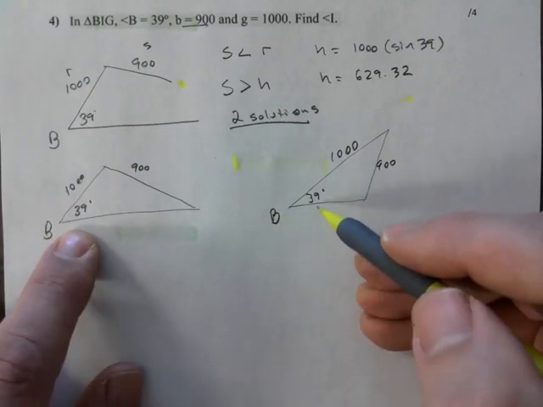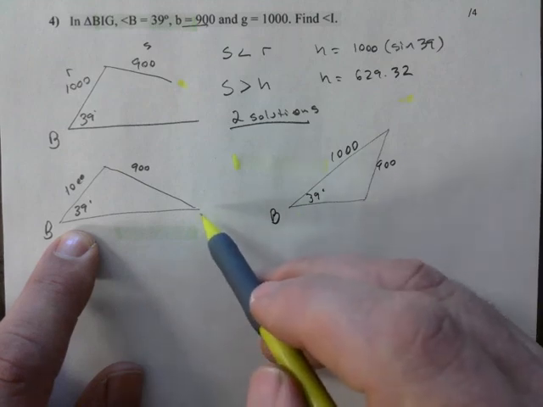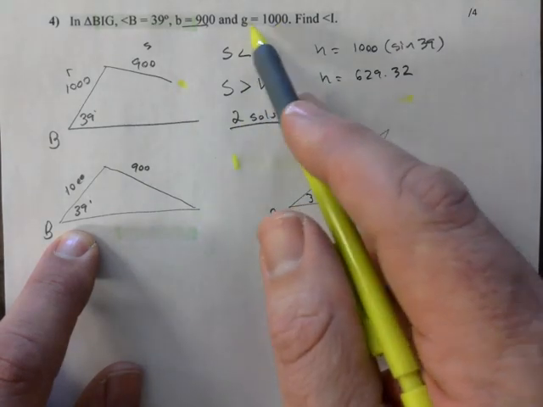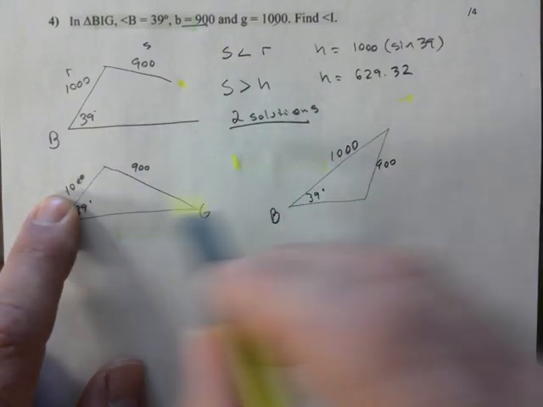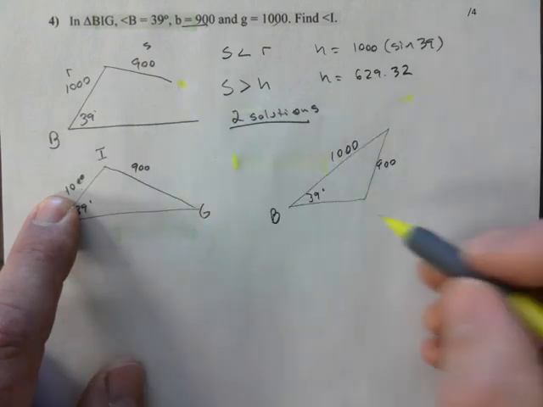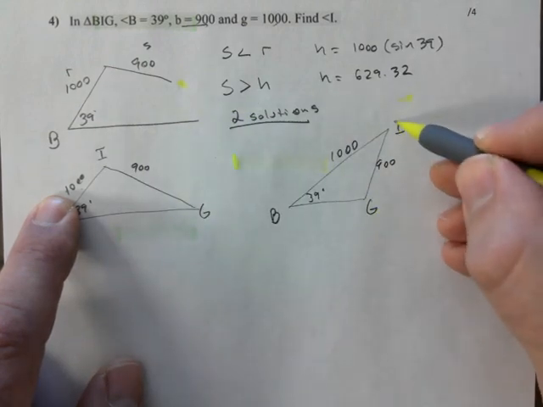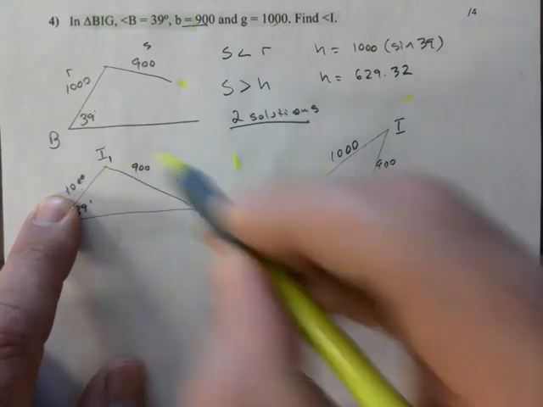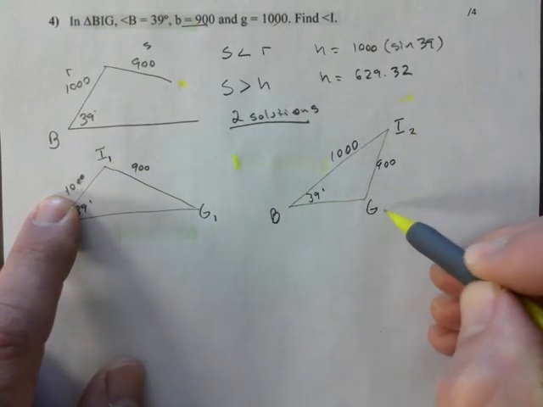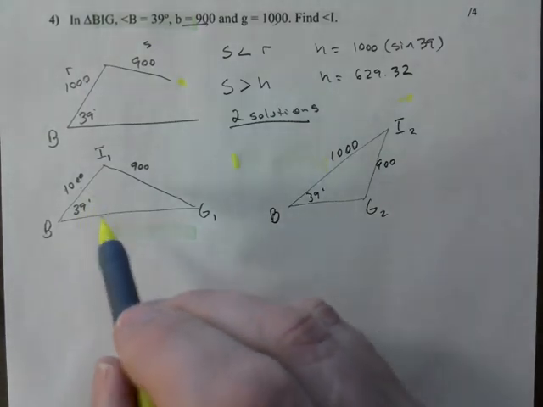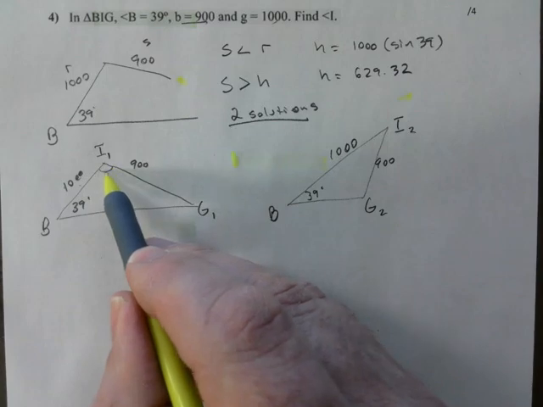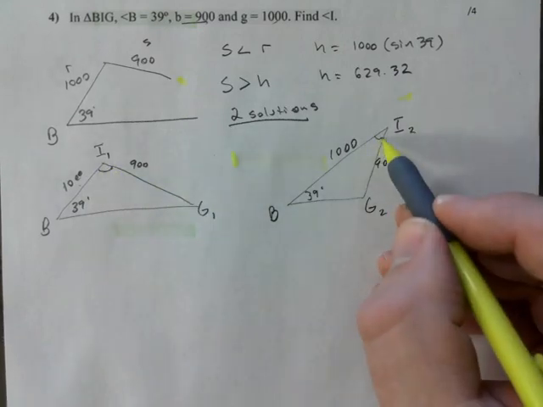Now you have to make sure you put the other letters in the right place. 1,000 is side G, right? So that means that this will be G, and this will be I. This will be G, and this will be I. I call this 1, 1. This is 2, 2. Okay. And then basically you would stop at the place where you find this angle and that angle.